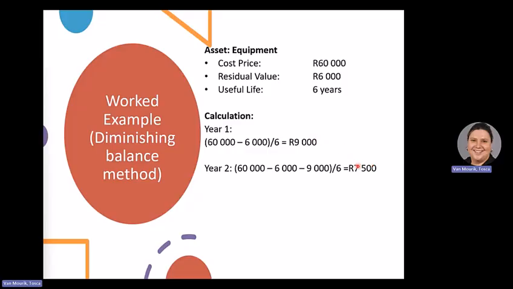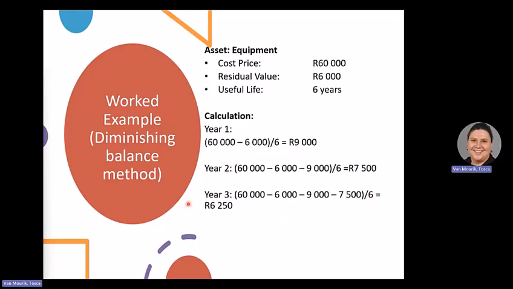And can you see my depreciation is reducing, and therefore the name diminishing balance method. Year 3, so there is my 60,000 less my residual value, and those 2 years, the 9,000 and the 7,500, those are my accumulated depreciation for the previous 2 years, divided by 6.